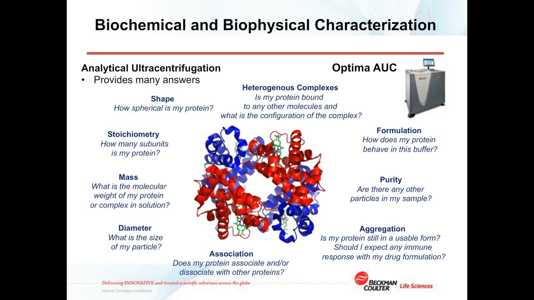It requires a bit more training than some of the other methods, but it's able to answer many questions associated with the shape of the protein by itself or in complexes, how the protein behaves in solution, its purity, its aggregation state, the association with other proteins, diameter, mass, stoichiometry, etc. It's an extremely rigorous method, and the Optima AUC is an offering from Beckman Coulter that provides this.